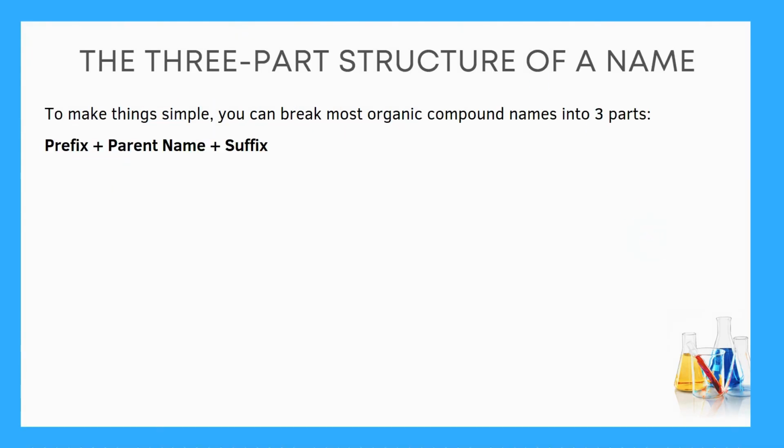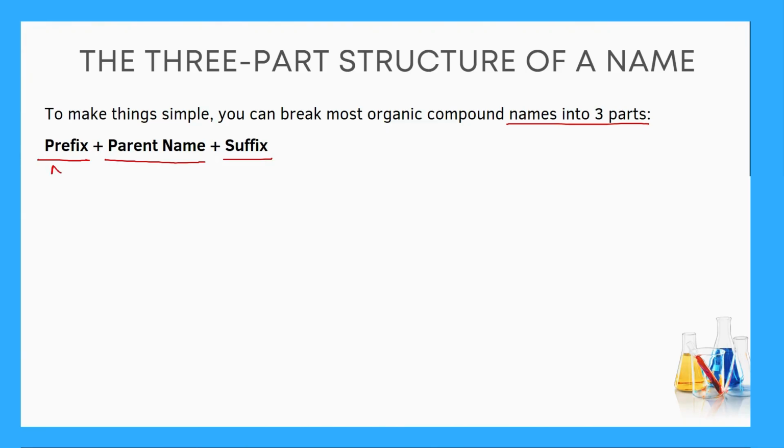So now that brings us to the three-part structure of the name of an organic compound. In order to make things simple, you can break most organic compound names into three parts. What are those three parts? You have the prefix, the name that comes first. You have the parent name, the major one, and then you have the suffix, the part of the name that comes last.